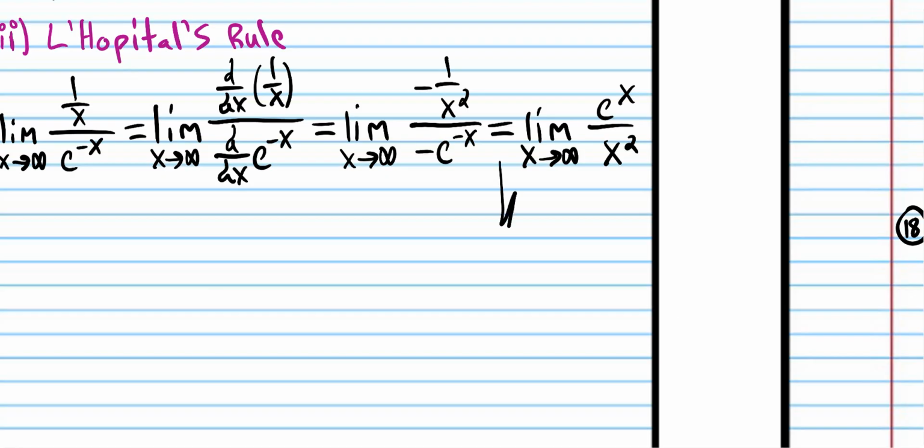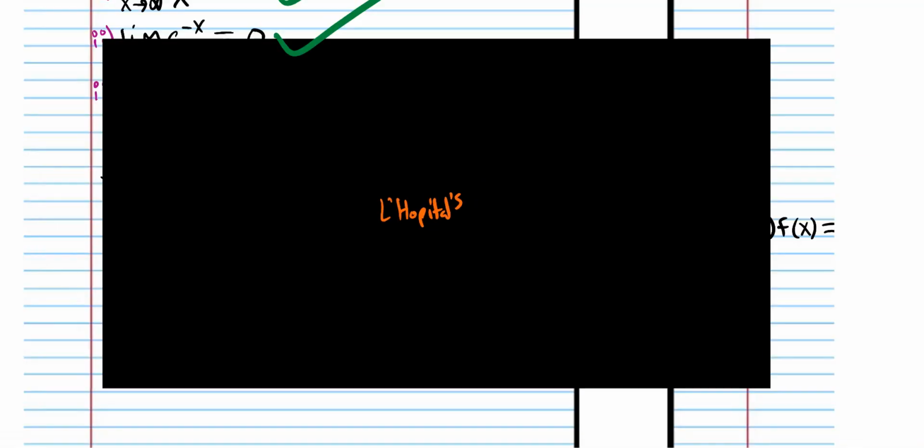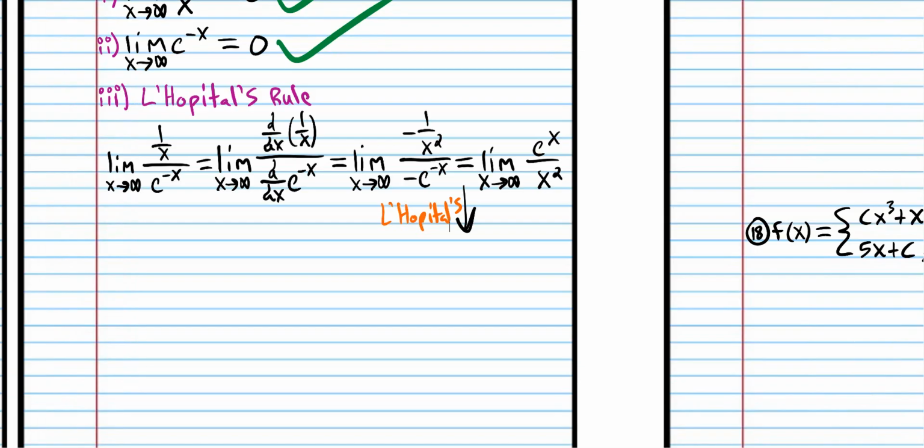But we're going to have to use L'Hopital's rule again, because we have infinity over infinity again. So I'm not going to show all the work because that would take forever, but the derivative of e to the x is e to the x, and the derivative of x squared is 2x. Then we're going to use L'Hopital's rule again.